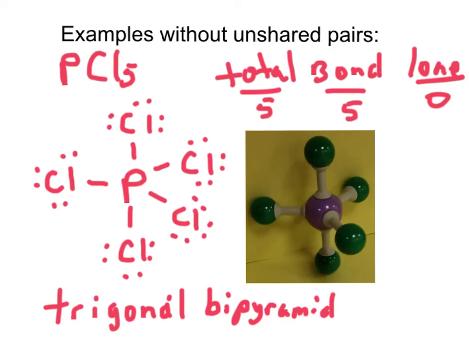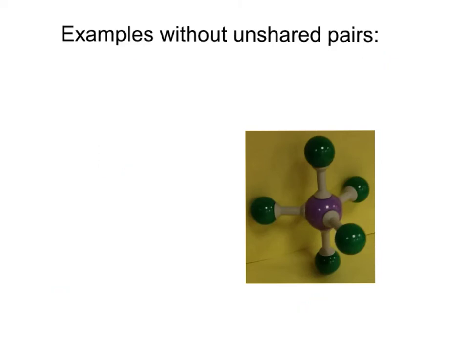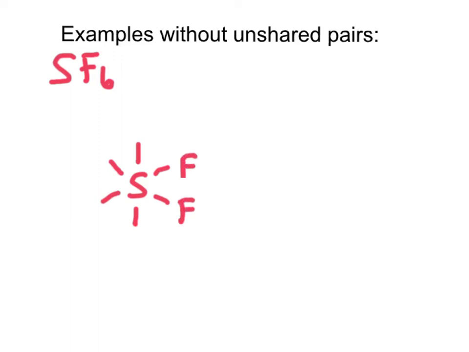So let's get ready for our last example by cleaning up our diagram. And our last example is going to be sulfur hexafluoride, which has a formula of SF6. In that structure, sulfur goes in the center, and it's surrounded by the fluorines.